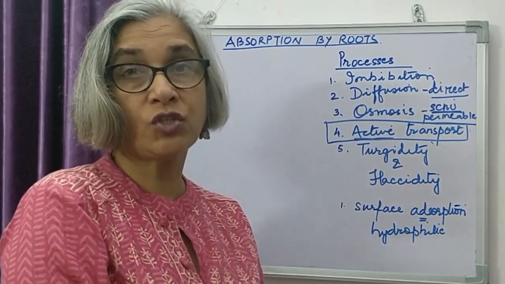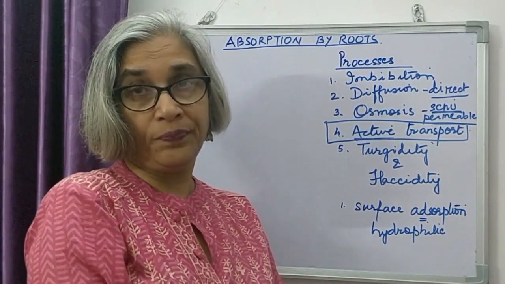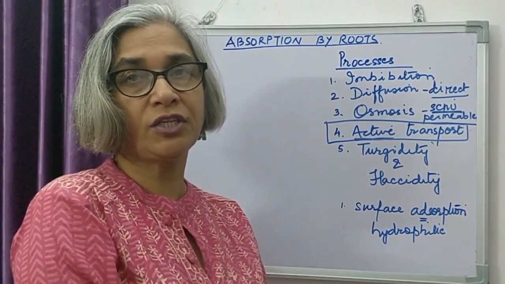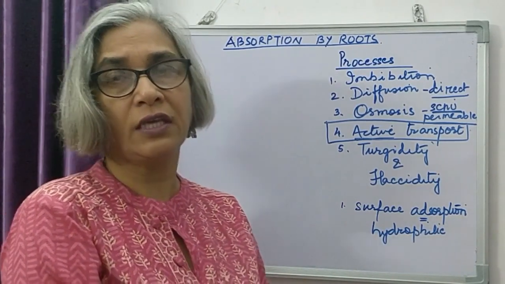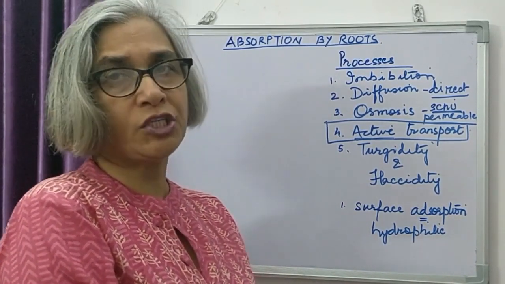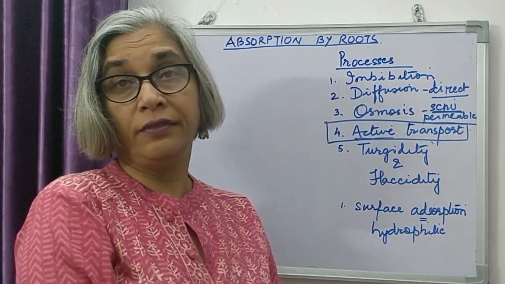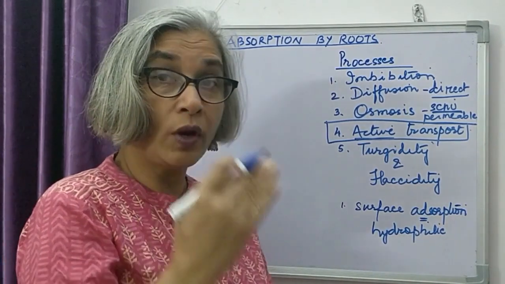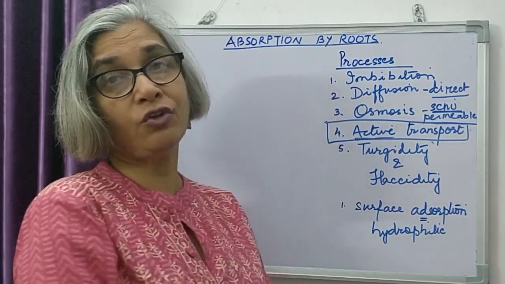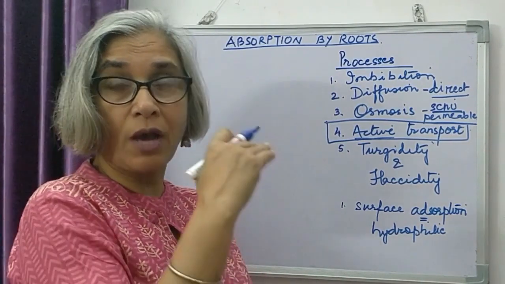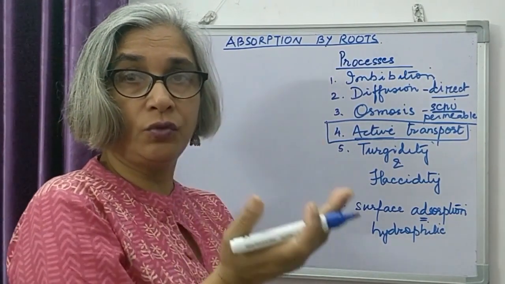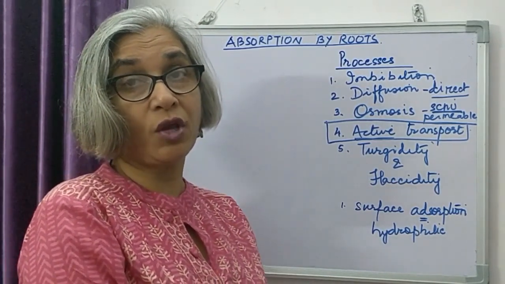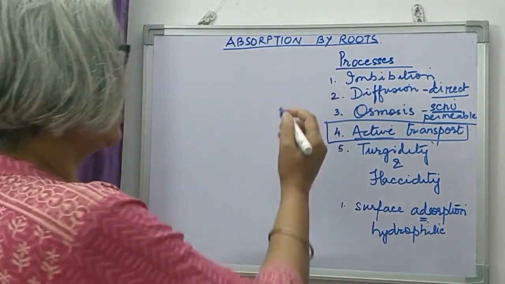Now substances like ions and salts, like I had mentioned, salts like nitrates, phosphates, and ions like potassium, sodium, chloride, etc. They move from a region of their lower concentration to a region of their higher concentration. That is from outside the cell, from outside the root into the root. This is against the concentration gradient because it is from low to high concentration.